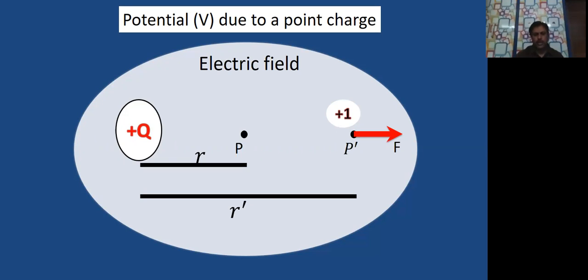Very easy to understand. This is plus Q, this is plus 1. Plus and plus charges, will they attract or repel? They will repel each other. Now what is my aim? Don't forget the aim. My aim is to calculate the potential at the point P. So how do I do it? Let us see.